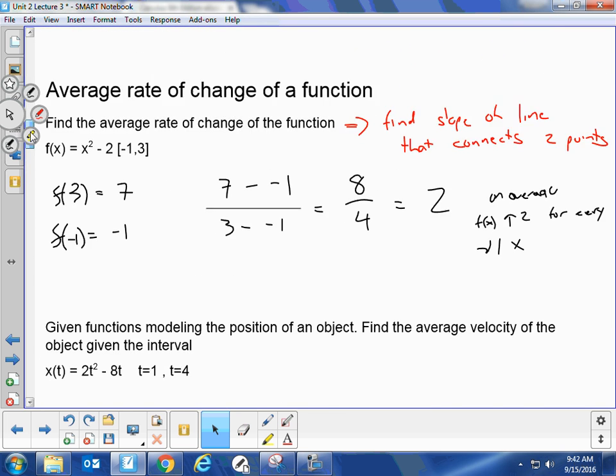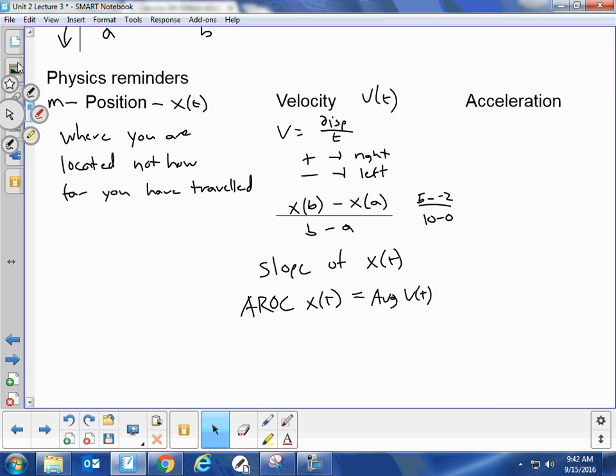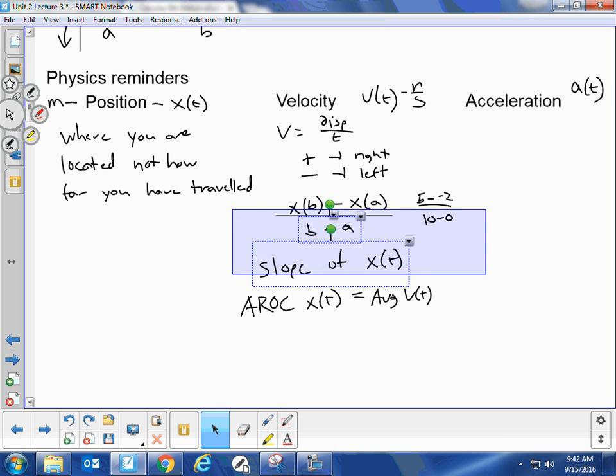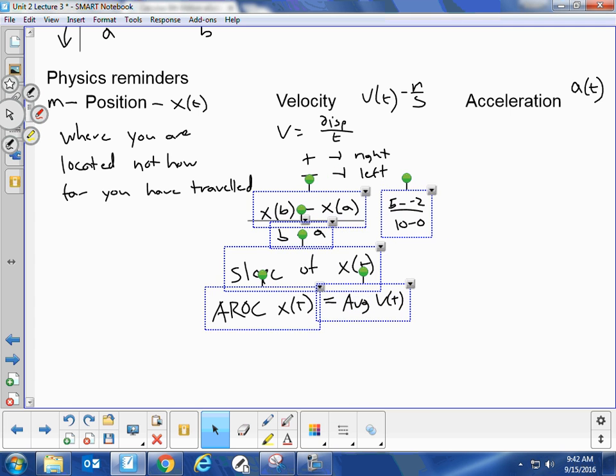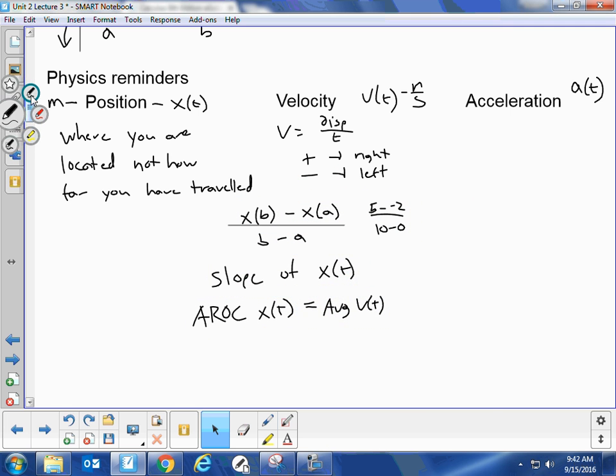Good. We will also talk about acceleration, not much for the rest of this class. We'll just stick with velocity and position. But acceleration, we usually say it's a of t. Velocity is typically in meters per second. And acceleration ends up just being the change in your velocity divided by the change in time.